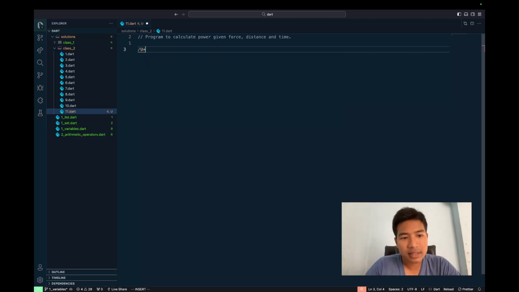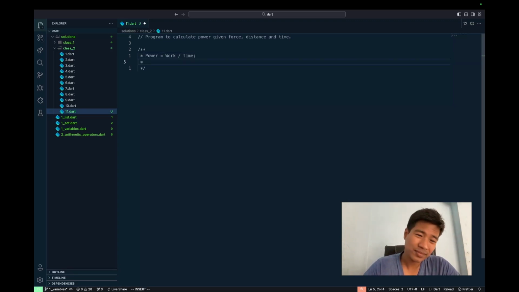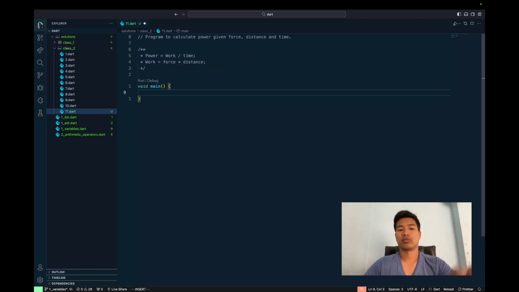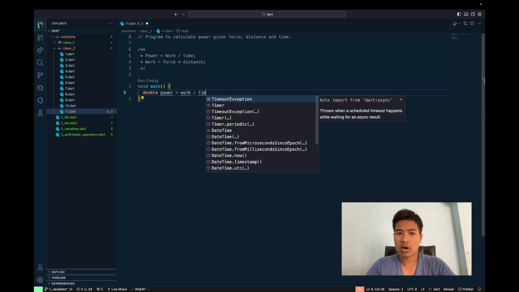Today there are two concepts, power and work. Power is basically work done per unit time. Work is force into distance. So in the program, we suppose we calculate power, which would be work per unit time.